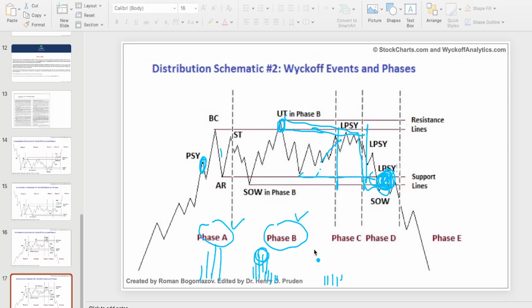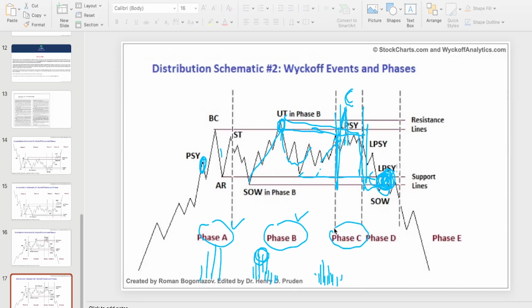Or you want to wait for an increase in volume signature, I mean the quality of the rally after this upthrust. If the spread of the bars is strong, you want to see some kind of commitment to the upside, a move to the upside that is quickly rejected back into the trading range, causing a second change of character, which is going to define phase C for us.